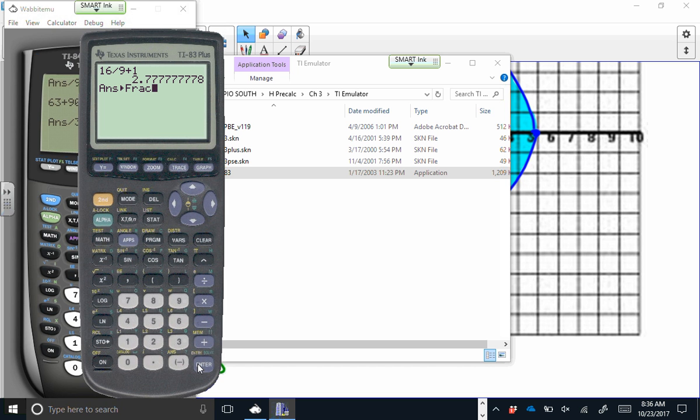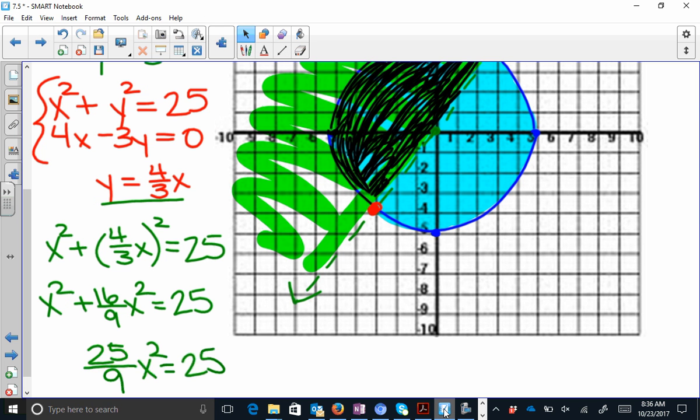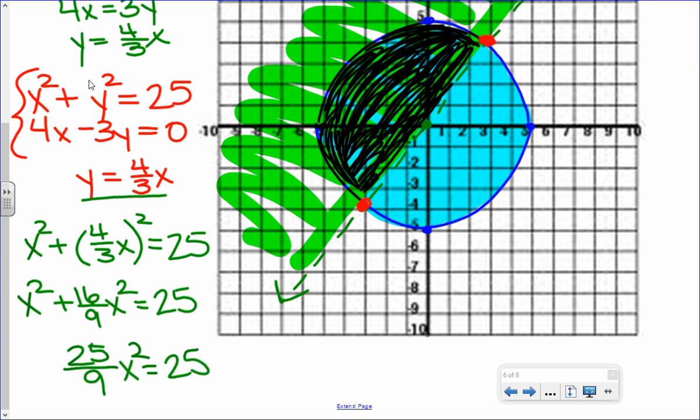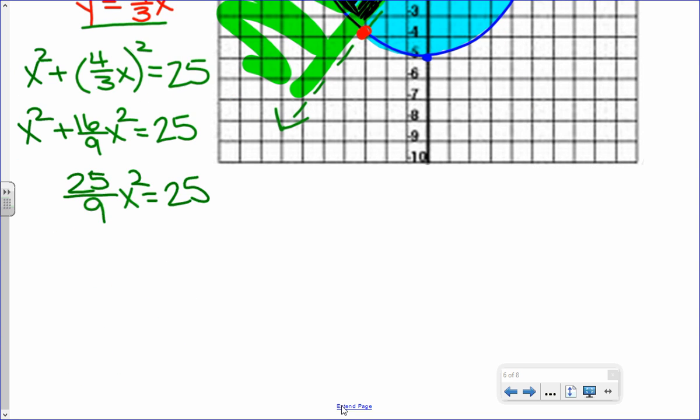So hit enter twice, and it'll turn your decimal into a fraction. That's probably good for you to know. We haven't worked a lot with our calculators this year. Would you agree? Yeah. All right, so what's 25 divided by 25/9?